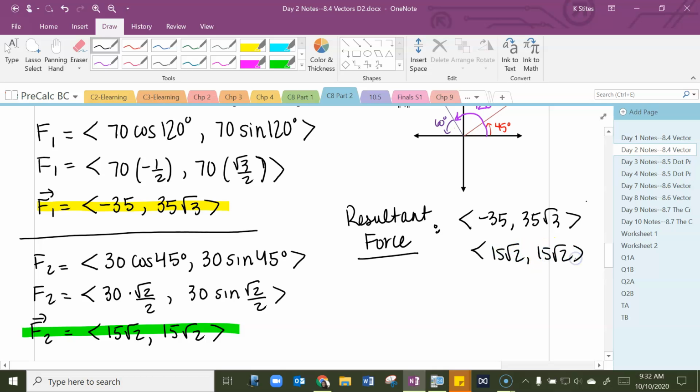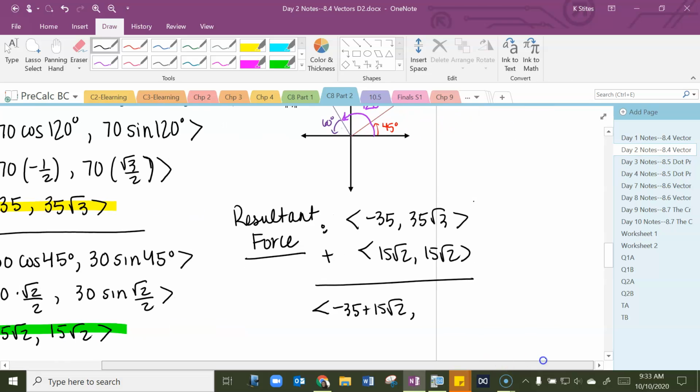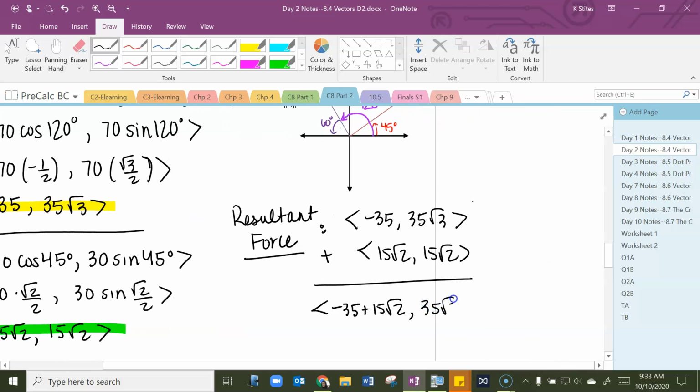Here's force 2. You are literally adding them together. So the x components will add and the y components will add. So negative 35 plus 15 root 2, that doesn't do anything. So it just looks like this. And 35 root 3 plus 15 root 2, those cannot combine either. So it's written like this.